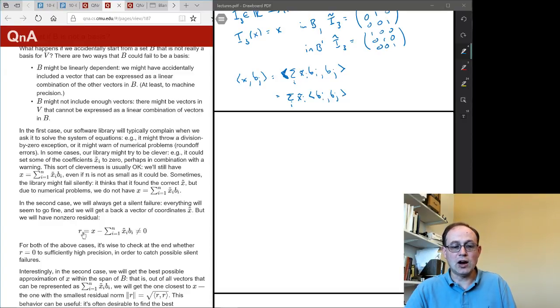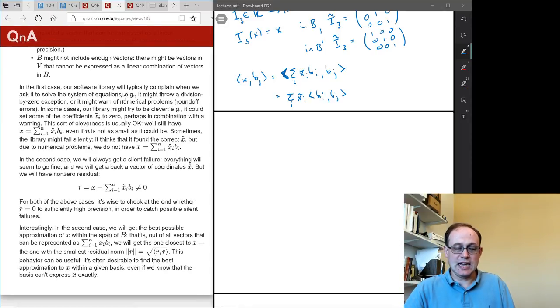If we write r for the so-called residual, the difference between the vector we want and the actual linear combination of our basis functions, that residual will be non-zero. In both cases, whether the numerical problem is due to linear dependence or we didn't give it a big enough basis, the residual is non-zero. So it's always wise to check your residual and make sure that it is zero, or at least close enough to zero for numerical precision, so that you catch failures.